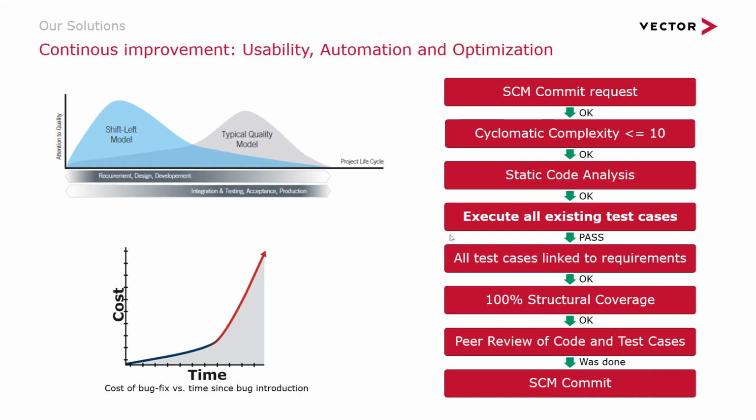And then when it comes to the execution of test cases, your software developer or your test engineer will probably not want to wait hours or days for results of your testing. So with the change-based testing approach, we can reduce the time it takes to run test cases because we only run relevant test cases. So you can implement a SCM commit process like this, where you also execute relevant or affected test cases by source code changes.